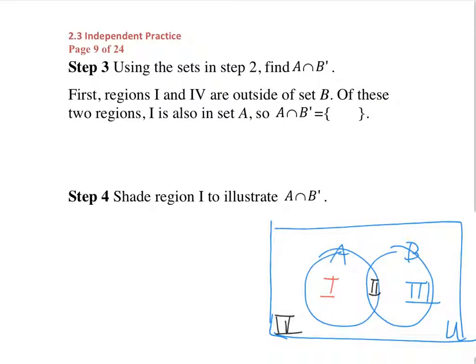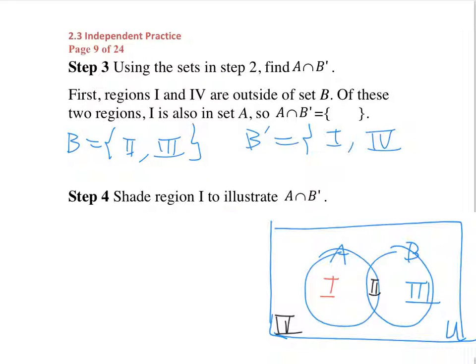Okay, so now we need to find A intersect B complement. Notice that B, as we mentioned before, has region 2 and region 3 in it, right? So B complement has regions 1 and 4. Now, 1 is in A, but 4 is not in A. So when we write A intersect B complement, we know that only 1 is in.